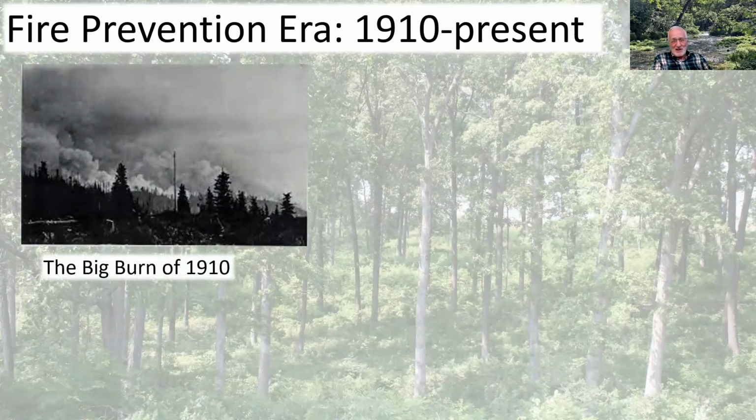Think of the Canadian fires we experienced last year. It got folks' attention. This was also at the time when the Forest Service was brand new, so they were charged with the idea that fire was bad, put it out at all costs. They had what they called a 10 o'clock rule: if a fire got going, they had to put it out.